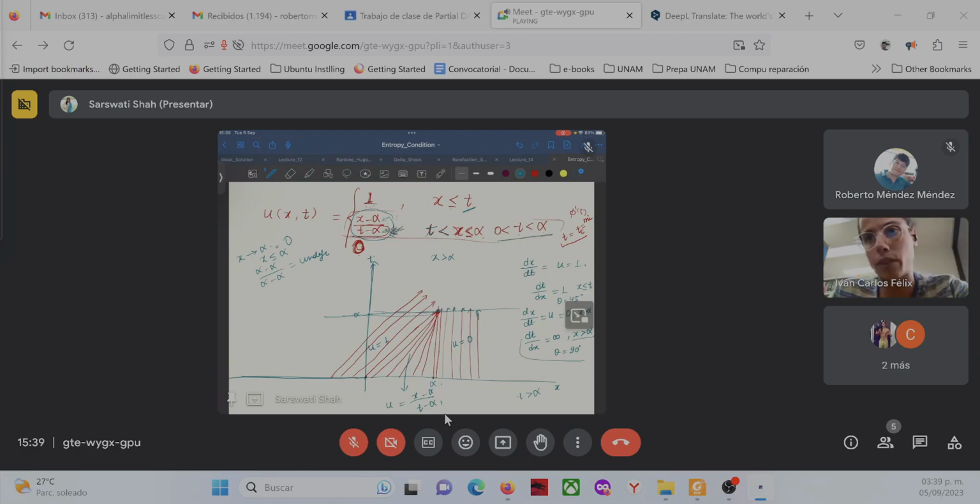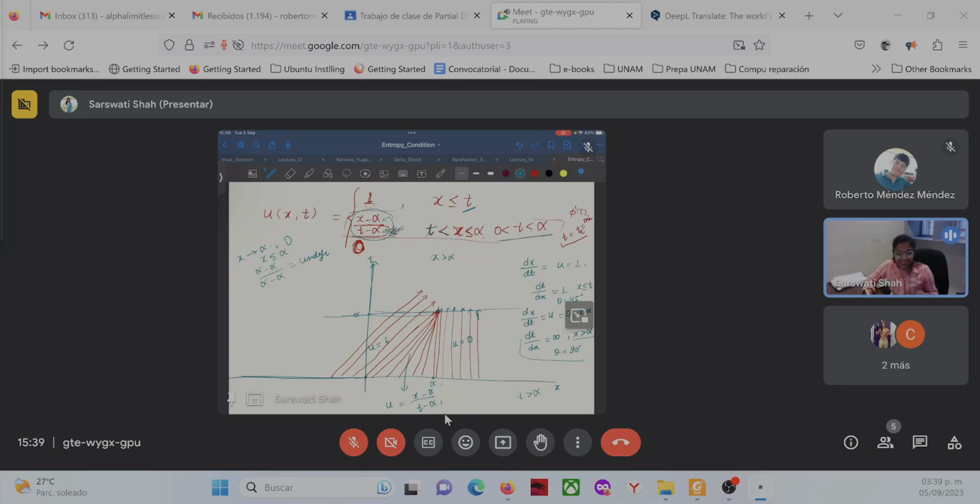There the solution changes at the line t equals x.